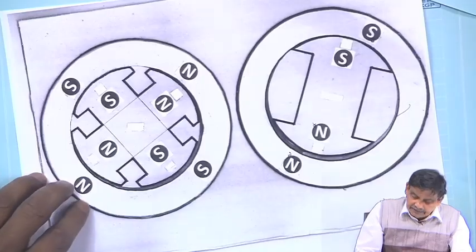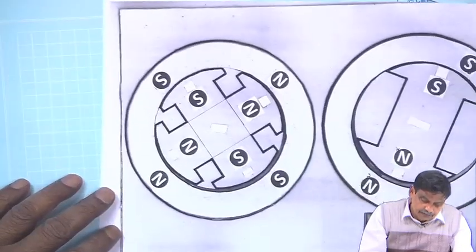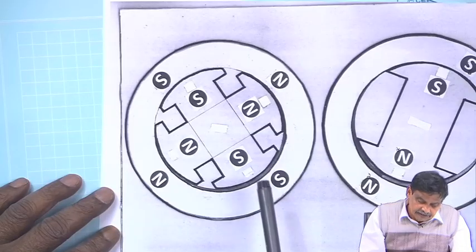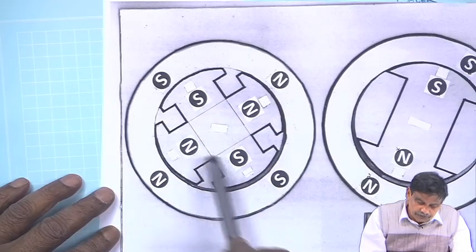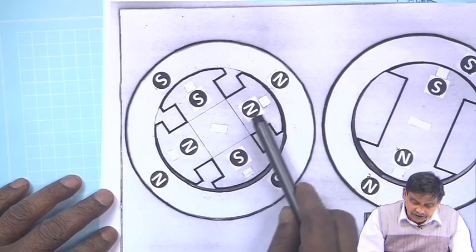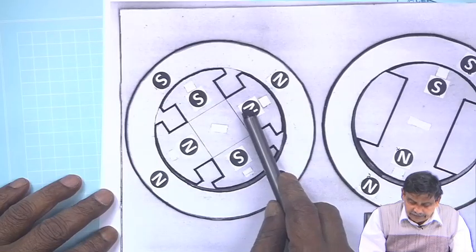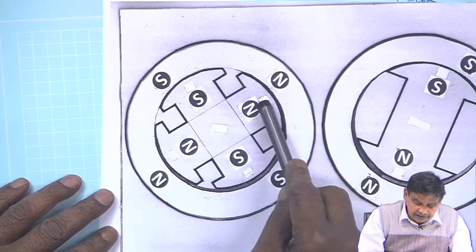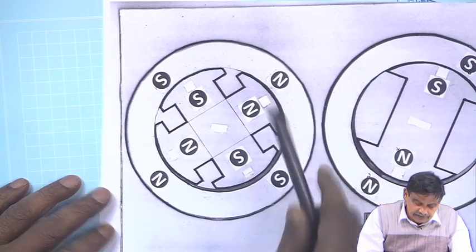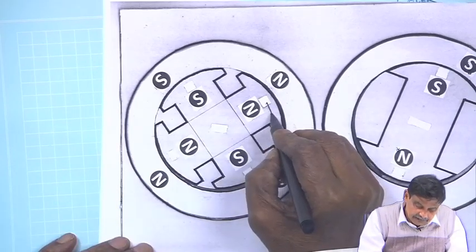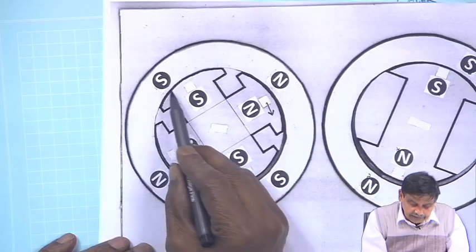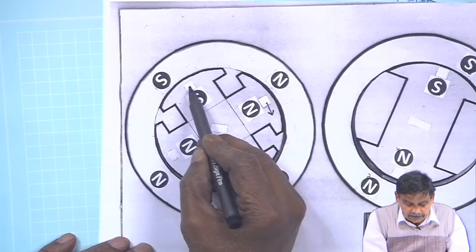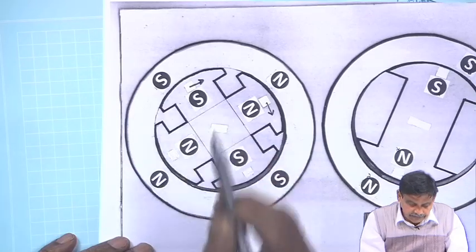in this case as I was drawing here, suppose 4 poles have been produced by stator coils and 4 poles have been produced by rotor coils. Of course, a small angle exists. So, this north pole will experience a force in this direction, like this, repelled, and this south pole will also repel it, it will experience a force in this direction.